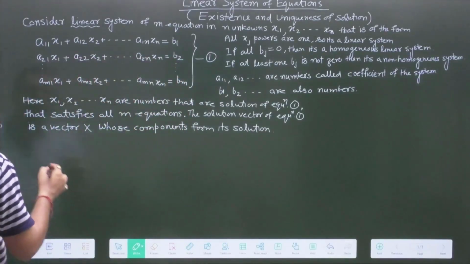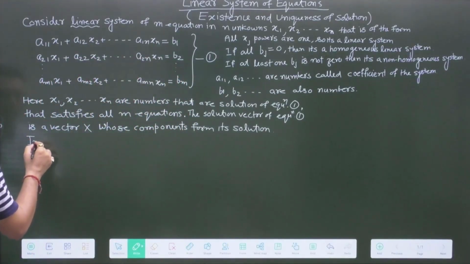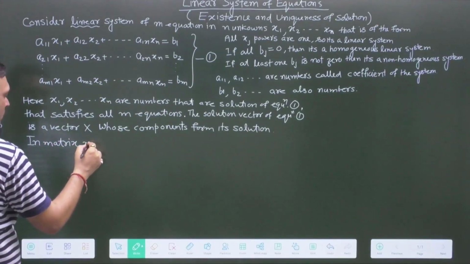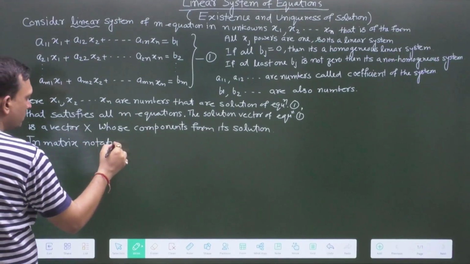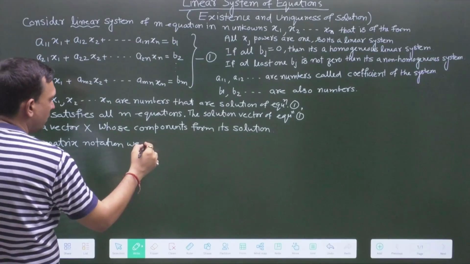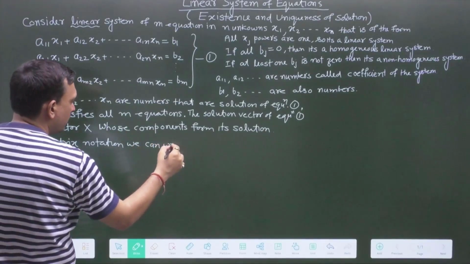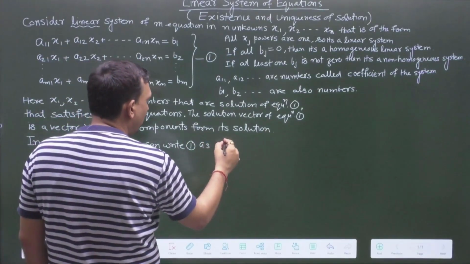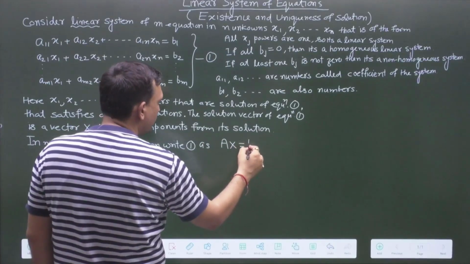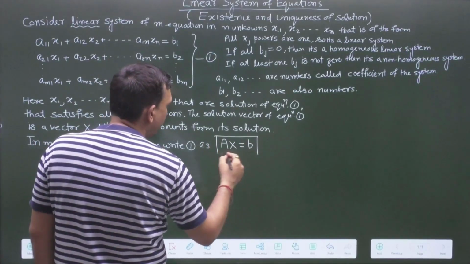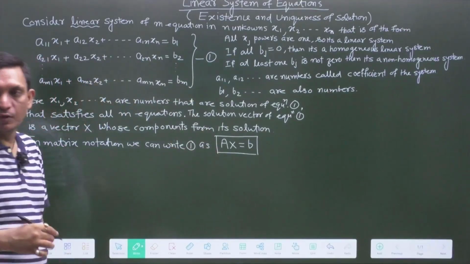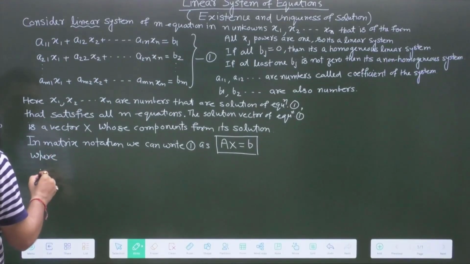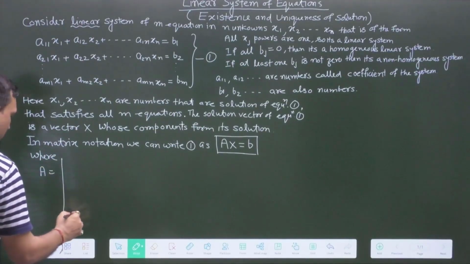Okay. Now we will write this equation in matrix notation. We can write equation 1 as the matrix equation Ax = b, where A is called the coefficient matrix.